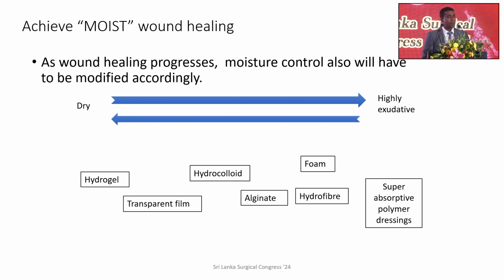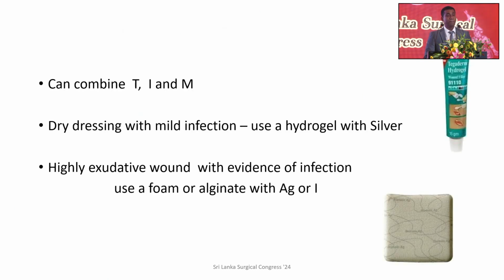This is not the place to talk about dressings itself and the various types of dressings, but I hope we will figure out that you need to try and use the right form of dressings for the right wound and change accordingly as the wound changes. The good thing about dressings is they do tend to allow you to combine things. You can combine debridement, you can combine infection, you can combine moisture, and do various funny things, and the market has grown to allow you to do that.